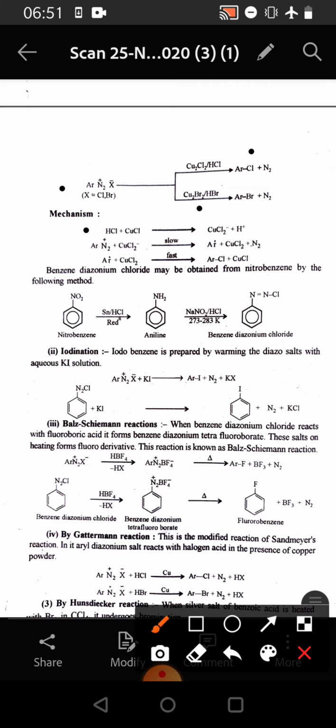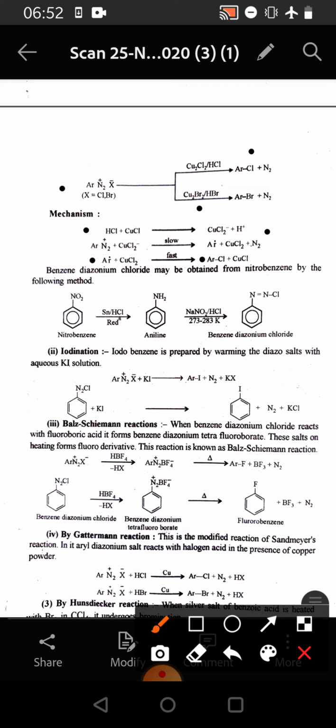If we see the mechanism, HCl reacts with CuCl to form CuCl2 minus and a proton, whereas ArN2 radical reacts with CuCl2 in the slow step to give Ar free radical, CuCl and N2, and this Ar free radical then reacts with CuCl2 to give ArCl and CuCl.